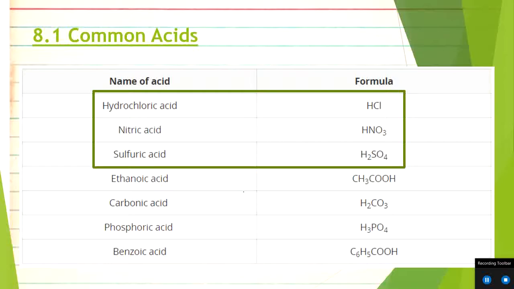So hydrochloric, nitric, and sulfuric. The 4 down the bottom, those are weak acids. And you'll notice something that a few of them have in common. So carbonic and phosphoric are weak, but the ethanoic and the benzoic both have that carboxylic acid group. So anytime you see the carboxylic acid functional group, or you see something with the ending oic acid, you can generally assume that that's going to be a weak acid.